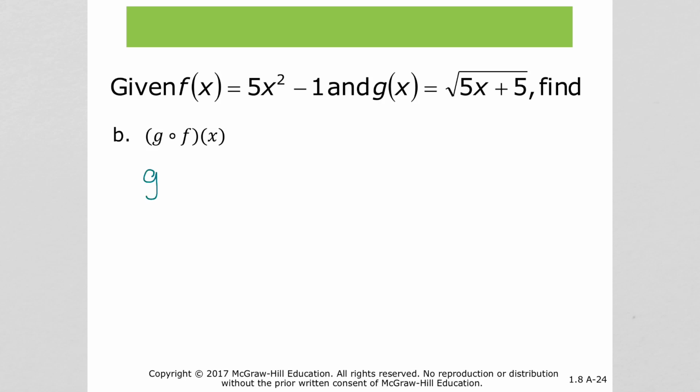Then g dot f of x is g of f of x. So g of f of x is 5x squared minus 1.